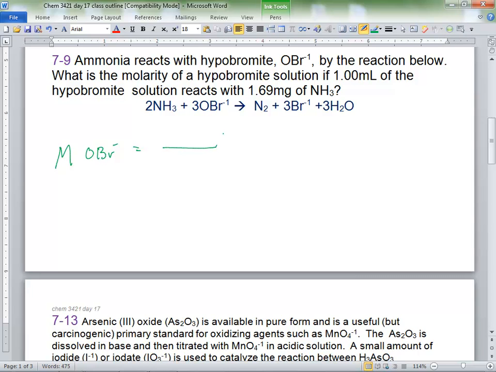Albert, molarity of hypobromite would really be what over what? Moles of OBr negative divided by liters of that hypobromite solution.